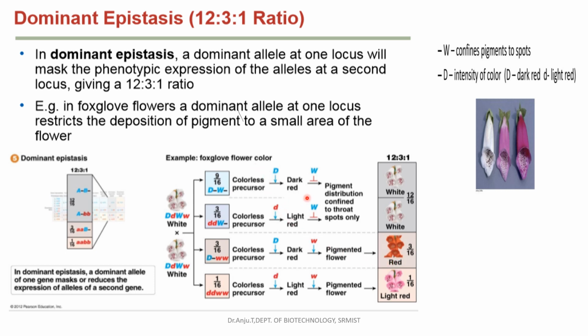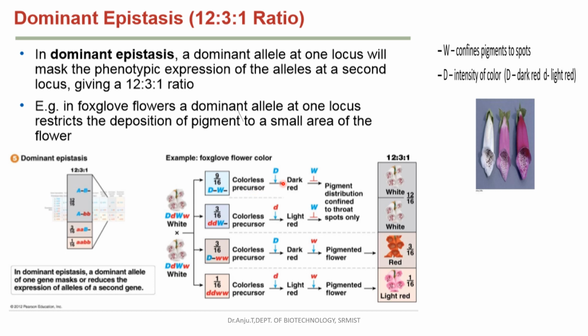So here you have two genes, and the gene which controls the deposition of the pigment is W. The dominant allele will mask the effect of the other gene, D or small d.